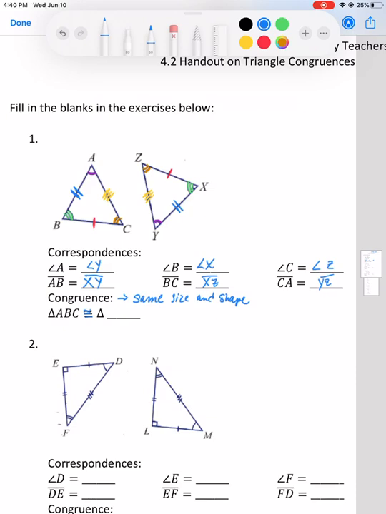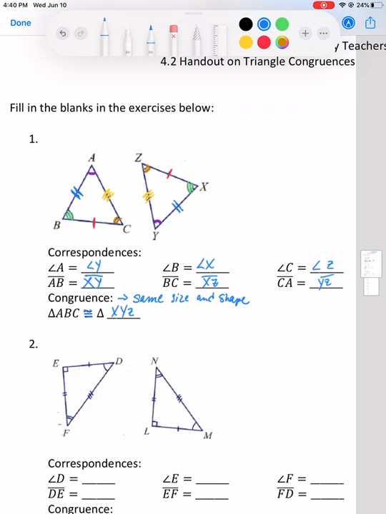That means the same size and shape. So triangle ABC is congruent to triangle XYZ. And for this class, it doesn't matter the order of the letters. Just make sure you have all three of them from the triangle you want to talk about. That means that they have the same size and shape. If each of the angles are the same size, and each of the sides are the same size, then that means the triangles must be congruent. Okay.